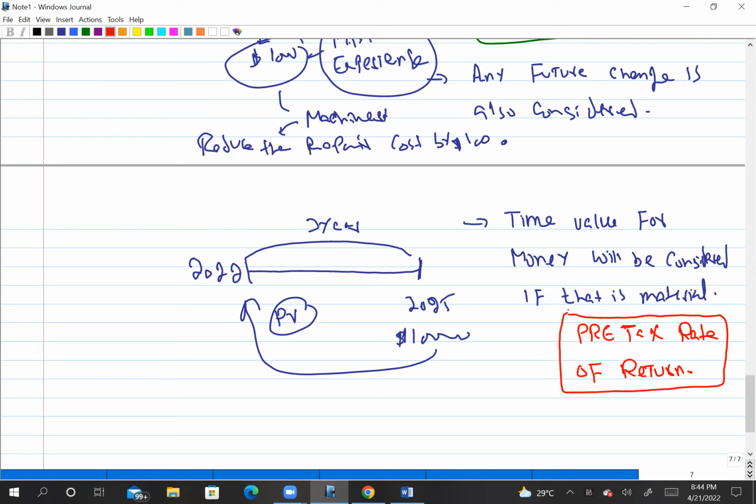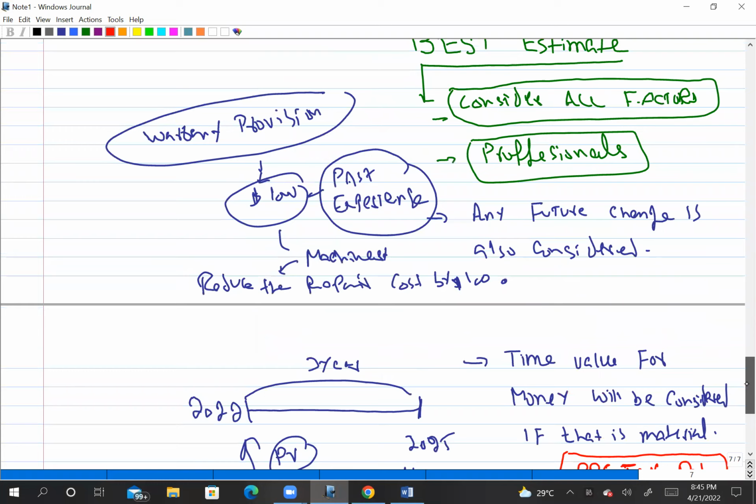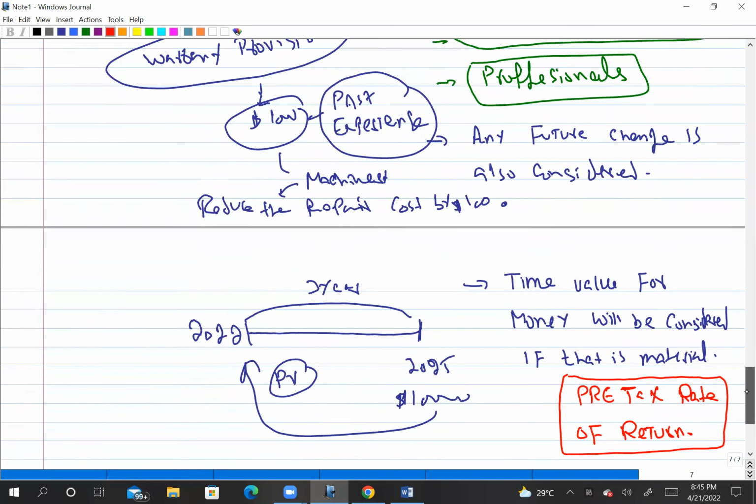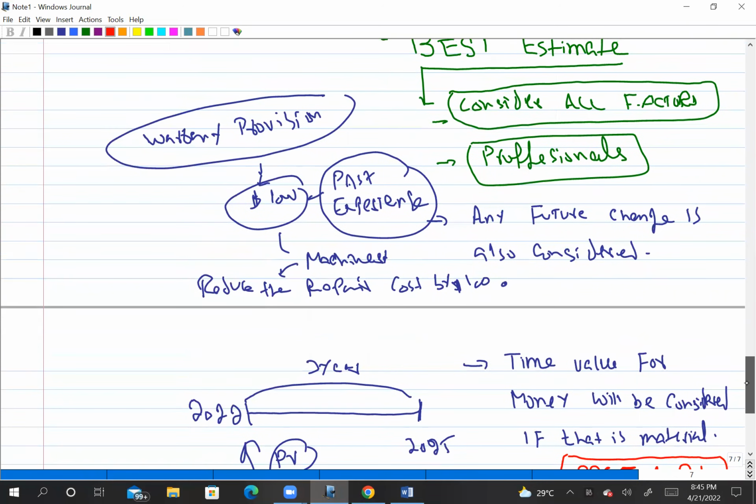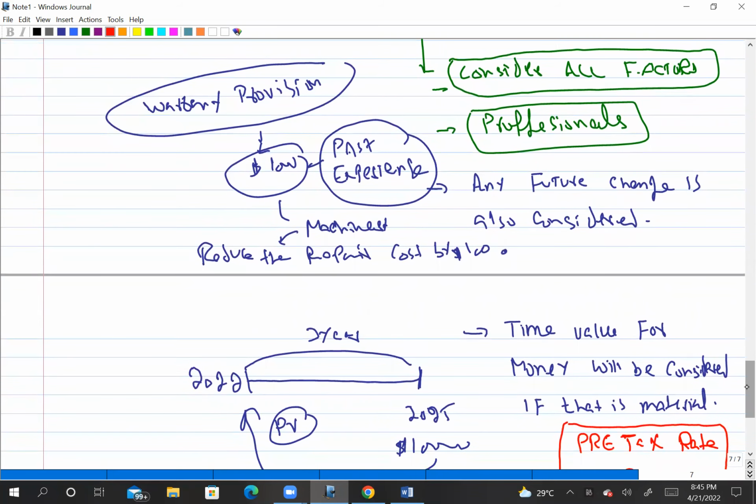We will use the pre-tax rate of return to determine the time value of money. Pre-tax means before tax. The before-tax rate of return will be used to discount the provision. So these are the 4 points which we need to keep in mind while measuring the provision.